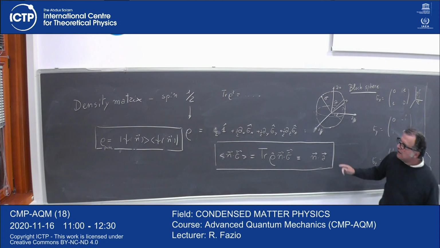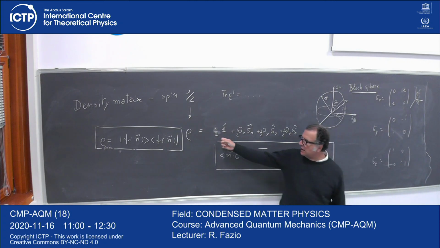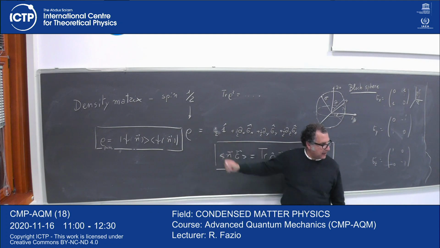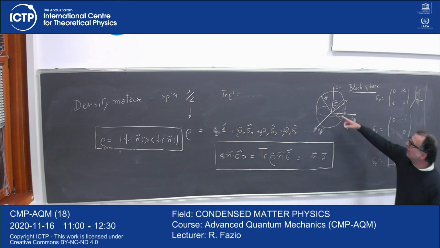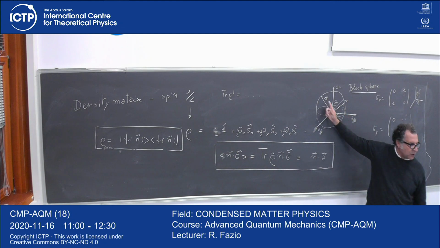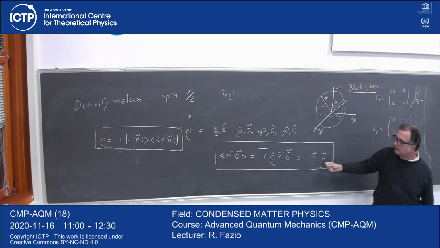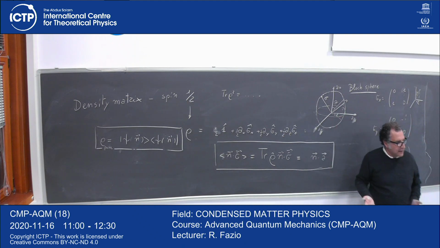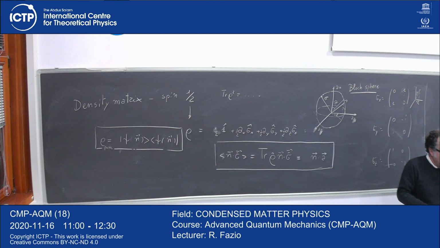If you are in the completely mixed case, then the system is totally isotropic in this Bloch sphere, so there is no preferred direction. The average value of the spin in any direction you take will be 0, because you will have the same probability to get plus or minus eigenvalue with any direction you choose.